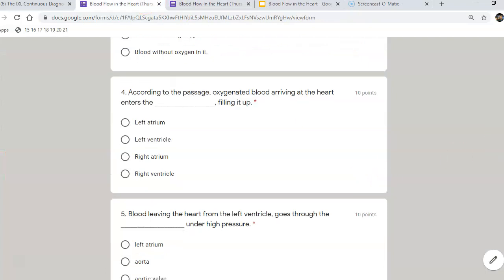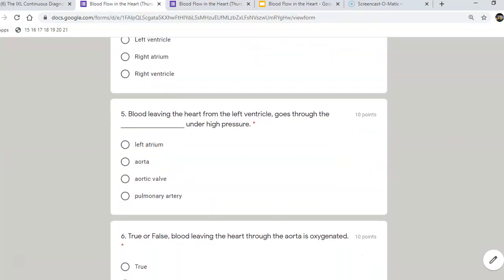Number five, blood leaving the heart from the left ventricle. Remember, the ventricles are the pumps. So this blood is being pumped out of the left ventricle. Goes through the blank under high pressure. Well, obviously, if it's blood being pumped out of the heart, it is going through an artery.